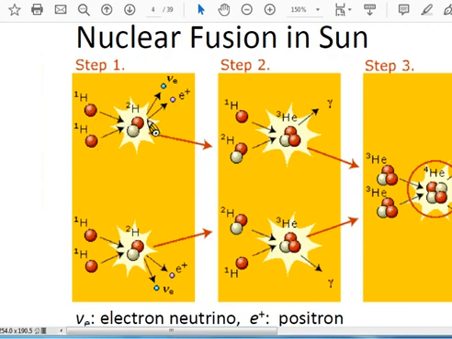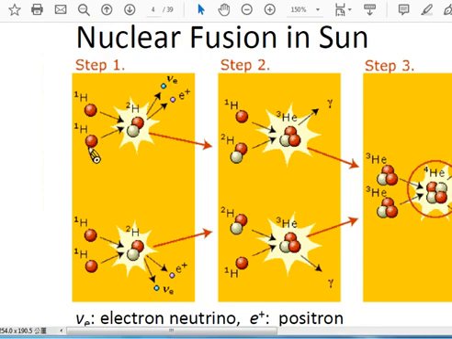They will also release an electron and emit enormous energy by loss of a very small amount of mass. Based on the equation E equals m times c squared, the loss of mass will convert to energy.